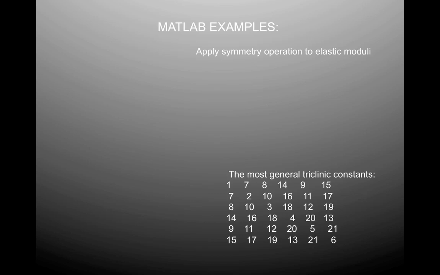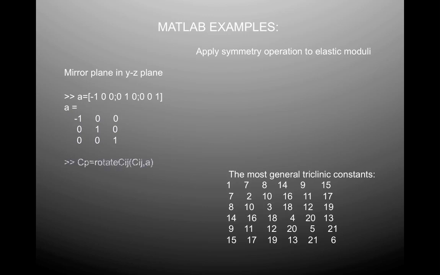So let's apply symmetry operations to our matrix representations of the elastic moduli. We start with the most general triclinic constants, 21 constants symmetrically arrayed about the diagonal. Let's just take one mirror plane, the YZ mirror plane, and that would be created by a transformation matrix of this form, which reverses the sign of x but leaves y and z alone.